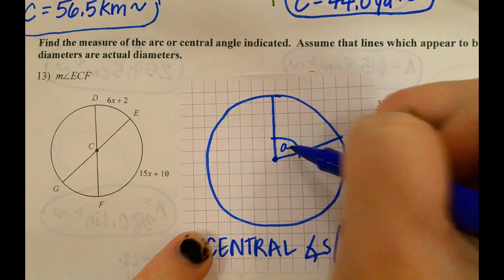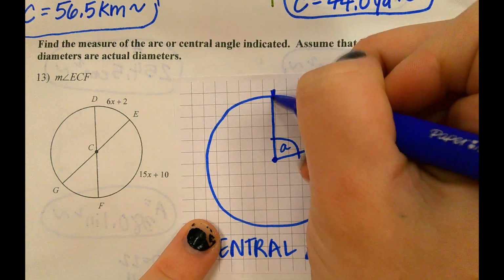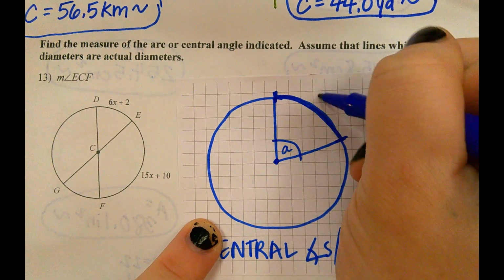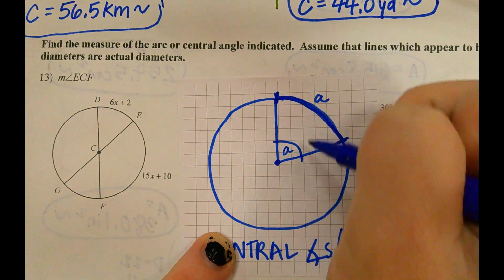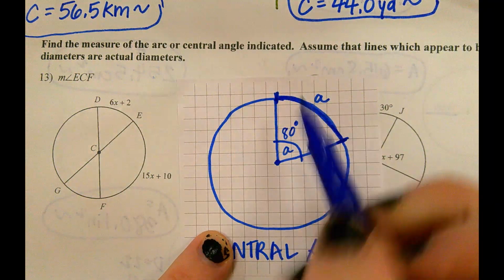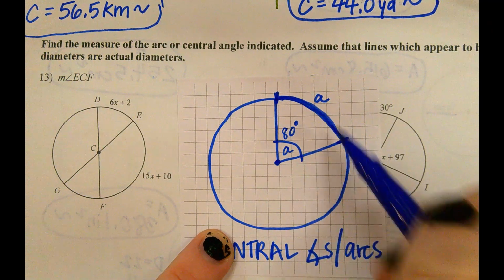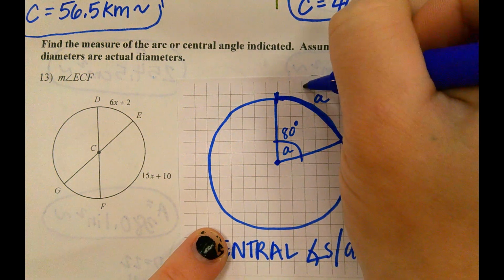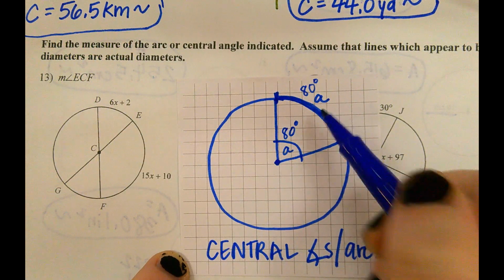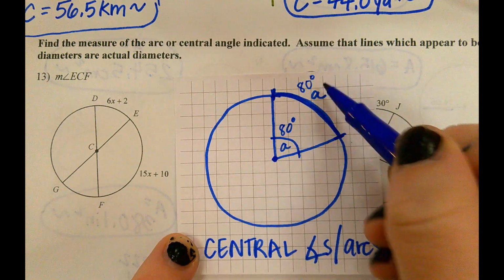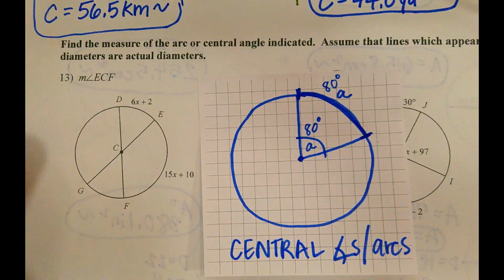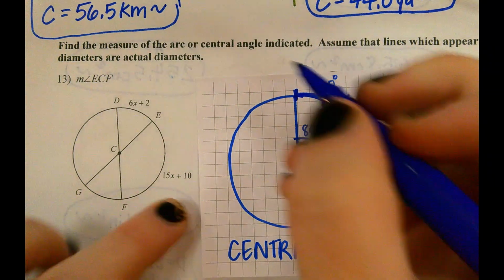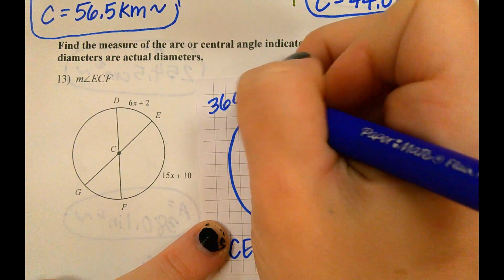This angle, if we were to call it angle A, is equal to this arc that it creates, arc A. So if this is, for example, 80 degrees, we also measure the arc in degrees rather than inches or centimeters or whatever it might be. So just as a reminder, these are equal. We also want to keep in mind that a circle is made up of 360 degrees total.